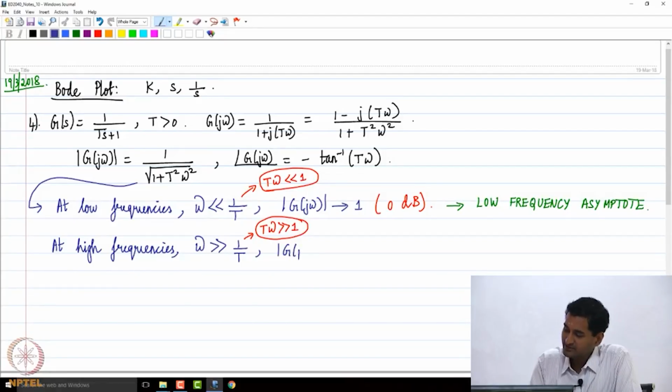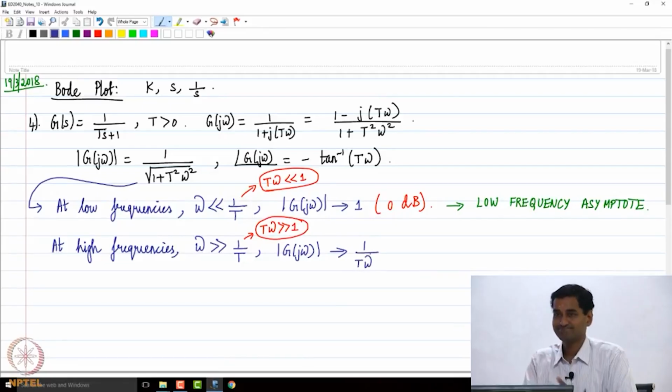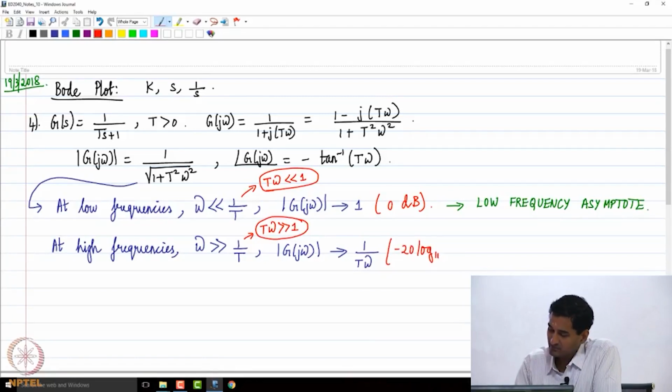So immediately we can observe that the magnitude of G omega tends to 1 by T omega. I hope it's clear how we got this, right? In decibel measure, it's going to be minus 20 log to the base 10 of T omega decibels, because you take the logarithm to the base 10, you get minus log 10 of T omega, and multiply by 20.